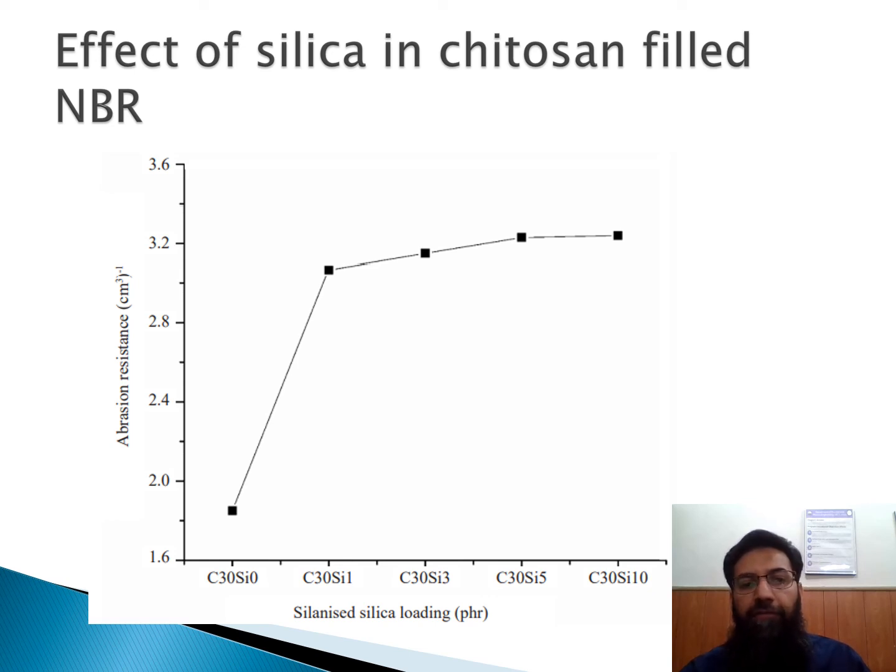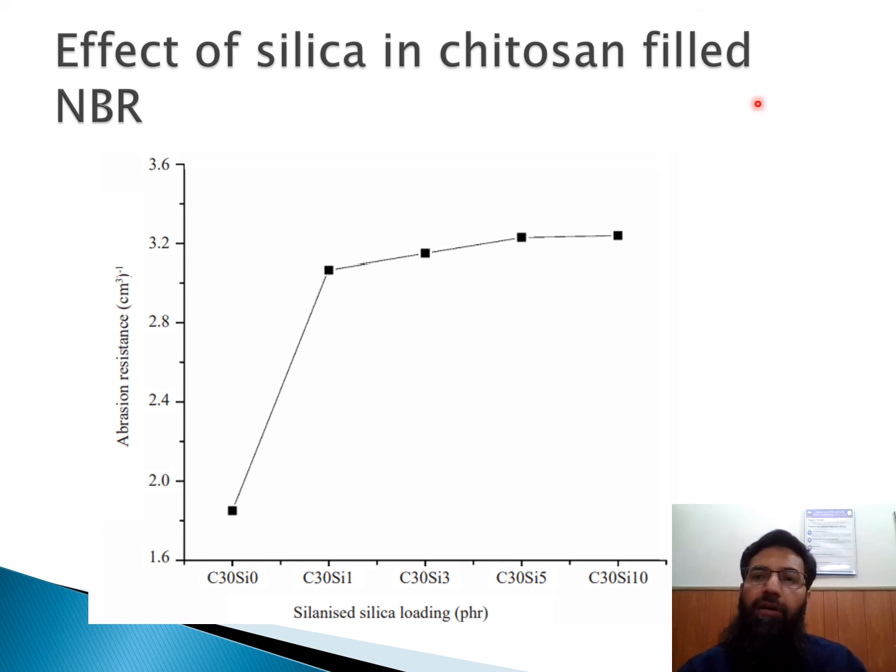But if we further increase the loading of the silica, there is not sufficient change in the abrasion index, and it makes a plateau. So up to 1 PHR, we can say there is a maximum increase in the abrasion index, and onward there is an increase, but that increase is not as much as compared to up to 1 PHR.